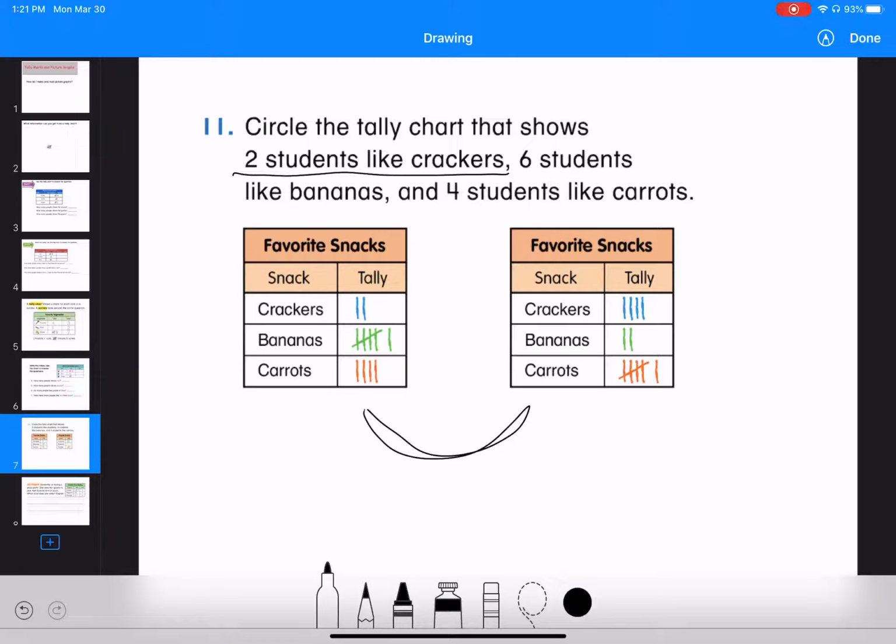So I check crackers. That one got 2. That one did not get 2. Let's check the next one. 6 students like bananas. 5, 6, yep. Oh, that one did not. And 4 students like carrots. That one is 4. Oh, that one is 6. So this tally chart is showing us the correct information.